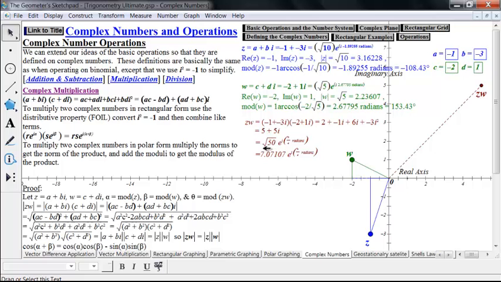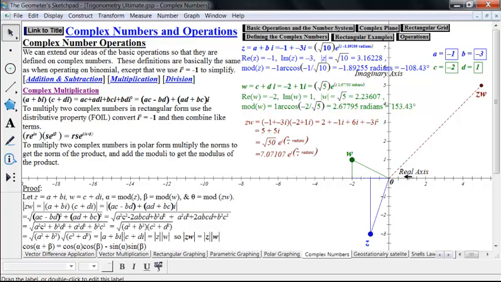Multiply those to get square root of 50, which is 5 times the square root of 2. And if we add the two angles together, we're adding these two angles here, it turns out to be exactly pi over 4, actually. So that's what we get for multiplying these together.